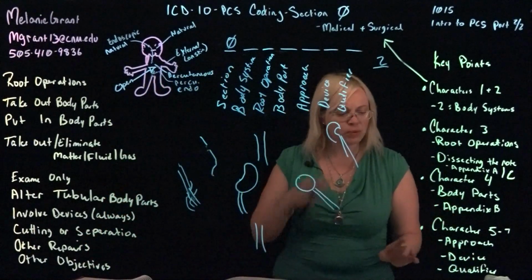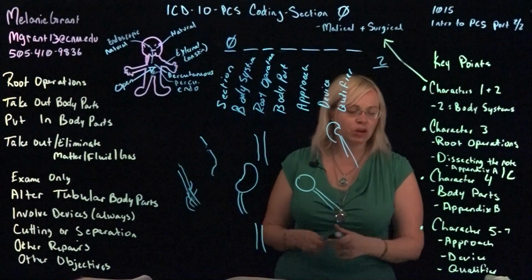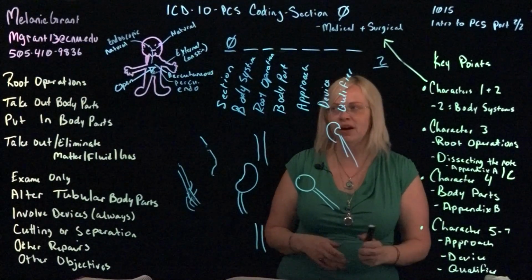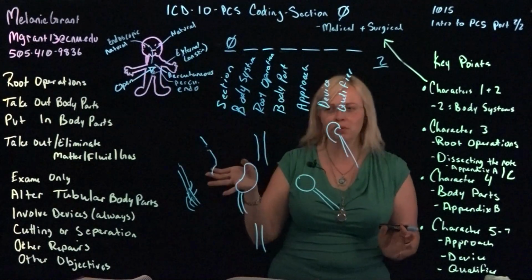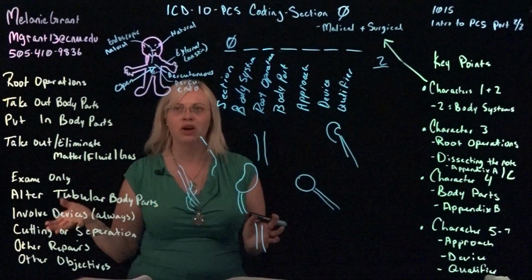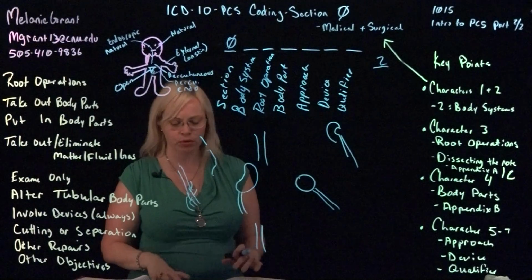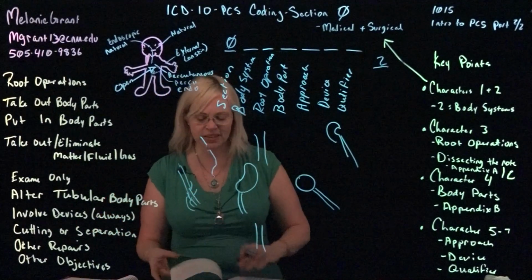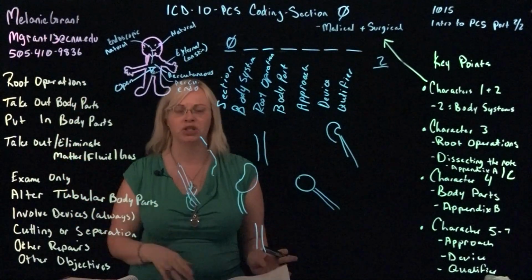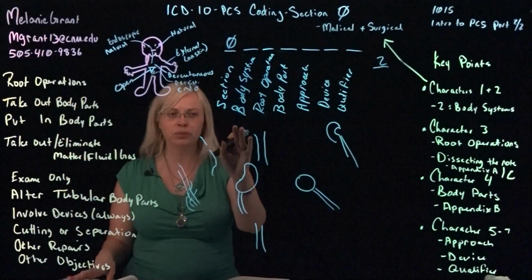The other parts that we want to pay attention to, and we mentioned already, we have approach, device, and qualifier. And we have a little example here of our patient, which you may remember and find familiar from last week when we talked about the differences in approaches of a patient for the different types of procedure. We identify the type of procedure with the root operation. We identify that it's a surgical procedure.